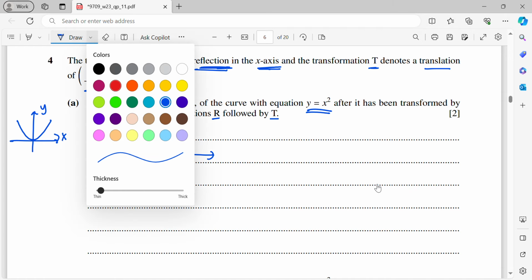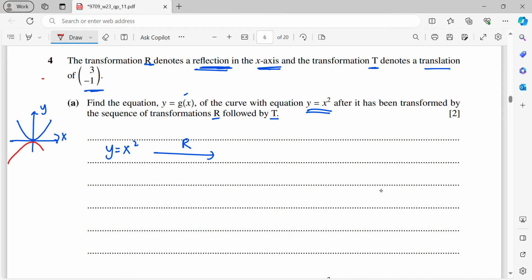After the reflection in the x-axis, this is your graph. That means all the positive becomes negative. So I will get y equals negative x squared.